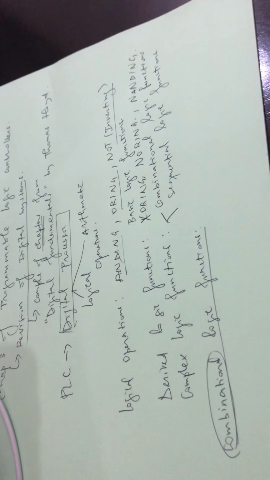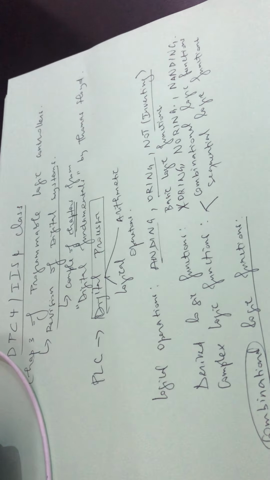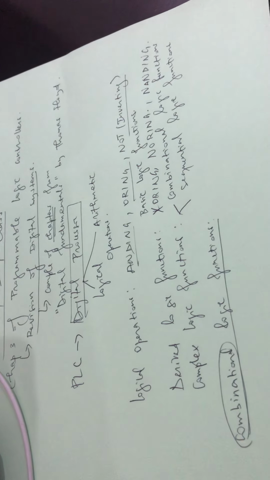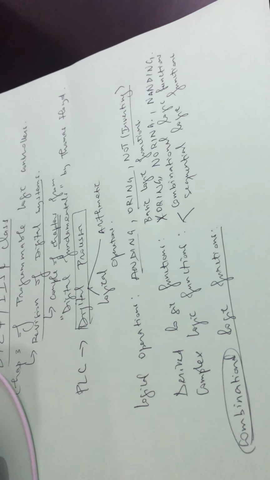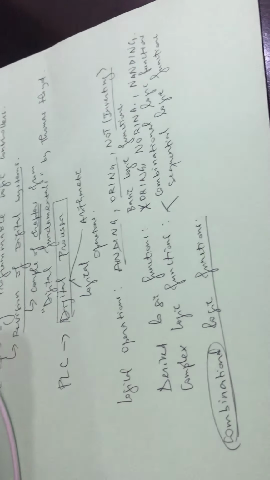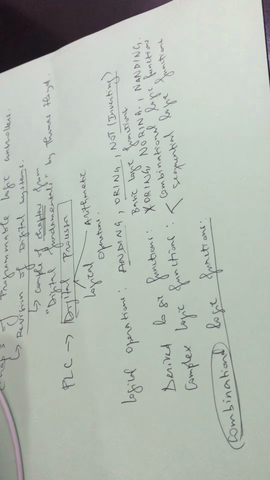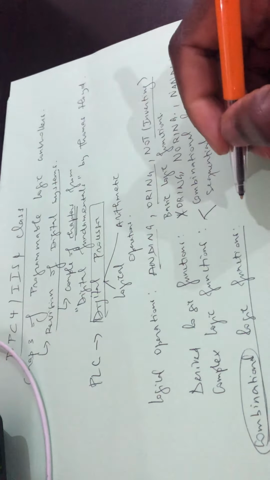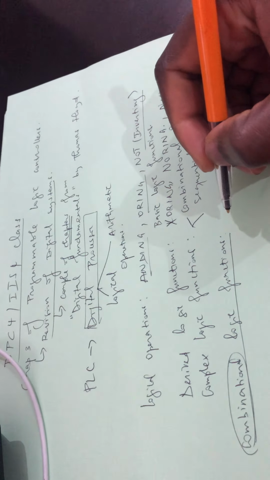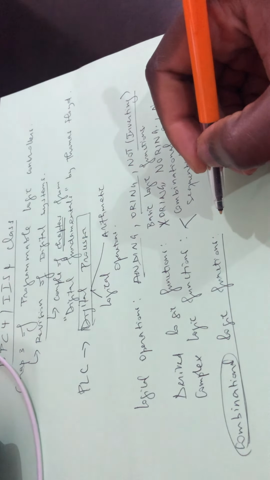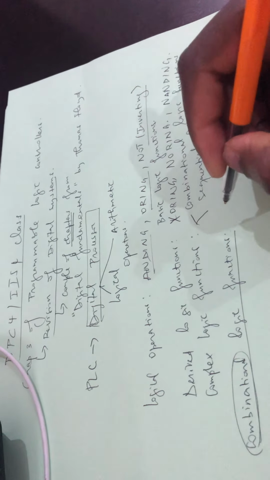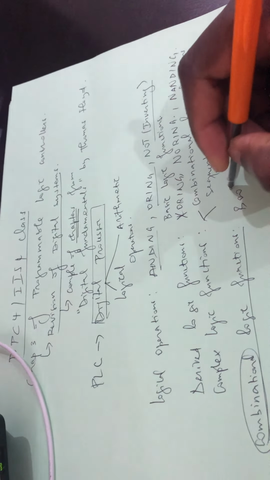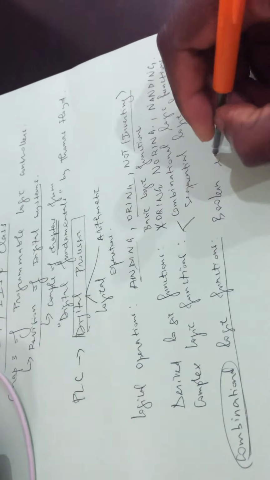And combinational simply means comes from the combination of a couple of logic gates in order to perform a logic function. So this comes from a combination of logic gates to perform a logic function. And most of the time, to model a combinational logic function, we often use what we call a Boolean expression.